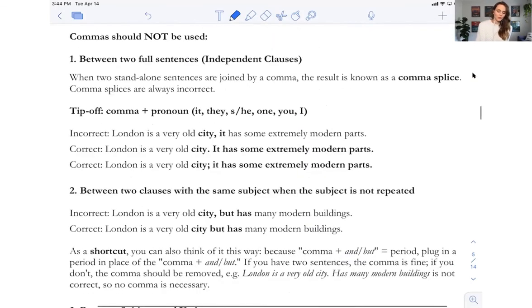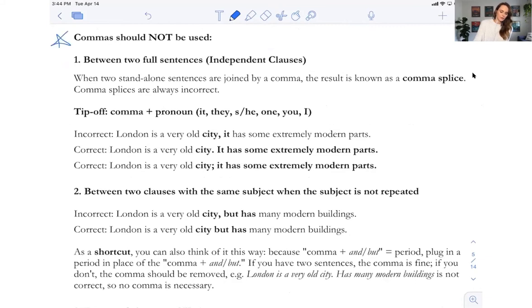When do you not use commas? These are important rules to know. You do not use commas on their own to separate two complete sentences. You need a comma and "and," or other FANBOYS with the comma, to separate two complete sentences.